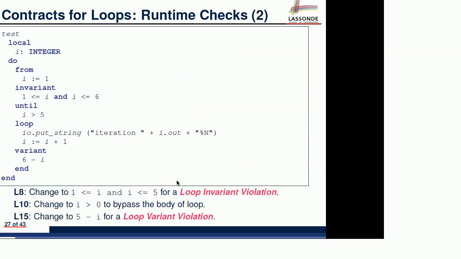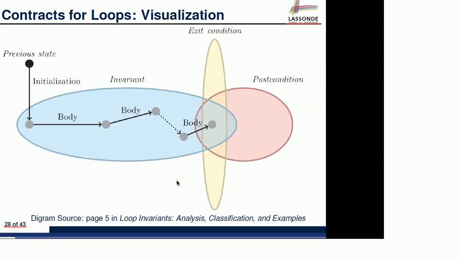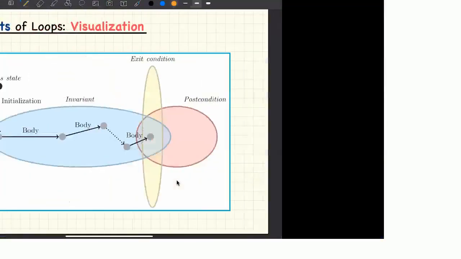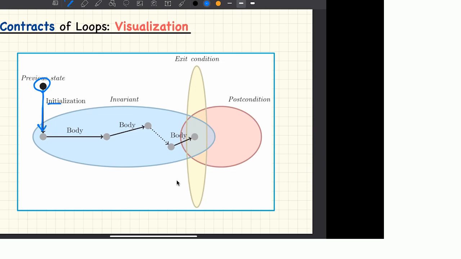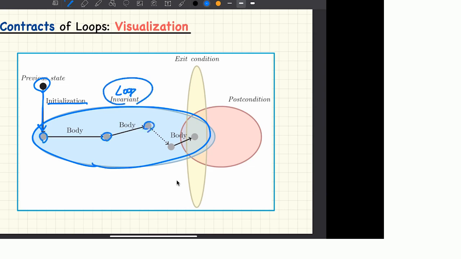Okay, so now, just another diagram to show you. You can think about different sets of states, and the way things work. After the initialization of your loop, you're in the regime over here for your loop invariant. Between iterations, you're going to make sure you always satisfy the loop invariant.